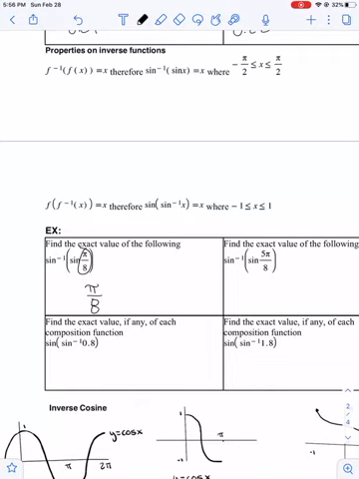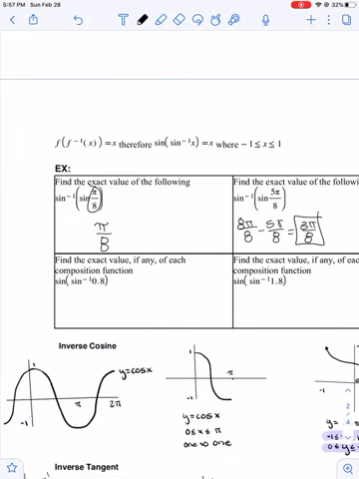So we need to find our reference angle that has that same value as 5pi/8, since 5pi/8 is not in our restriction of between -pi/2 and pi/2. So if we find the reference angle, we're going to do 8pi/8 minus 5pi/8, and we get 3pi/8. And now that's between our -pi/2 and pi/2, so that's our answer.